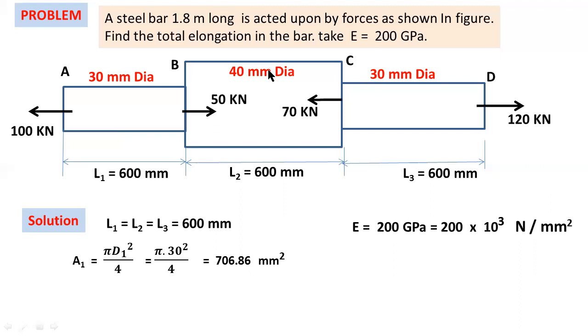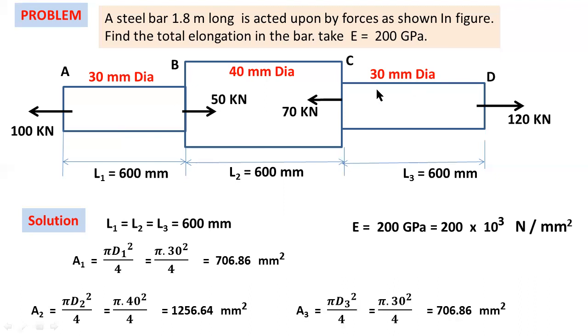Here the diameter of the bar BC equals 40 mm, so the area A2 equals pi by 4 D2 square. D2 equals 40 mm, so the area A2 equals 1256.64 mm square. Similarly, the diameter of bar CD equals 30 mm.